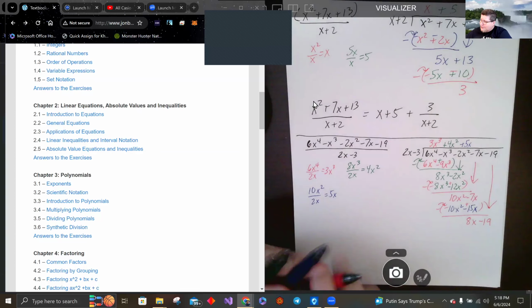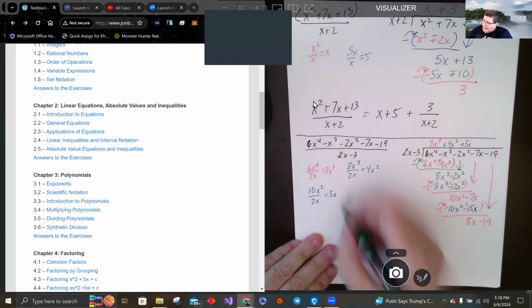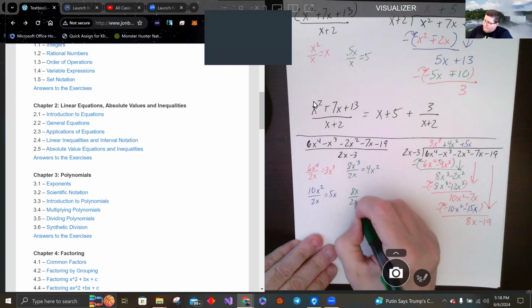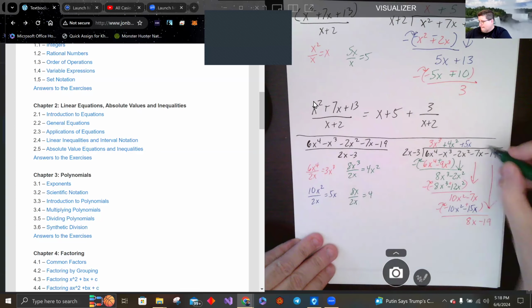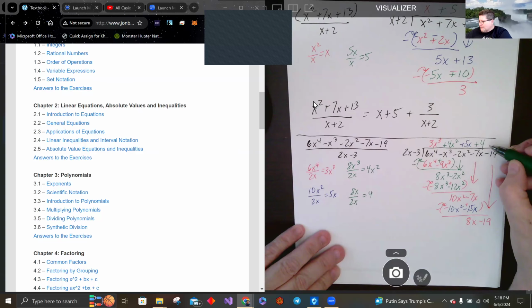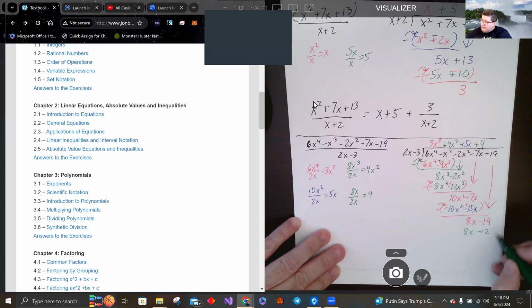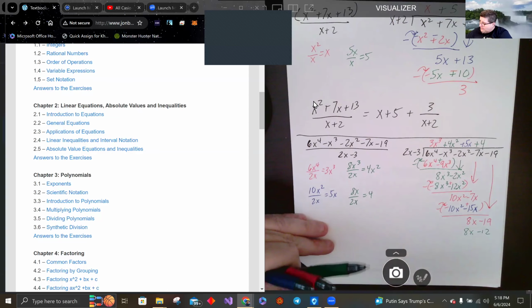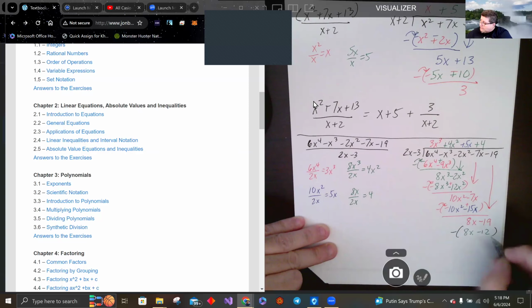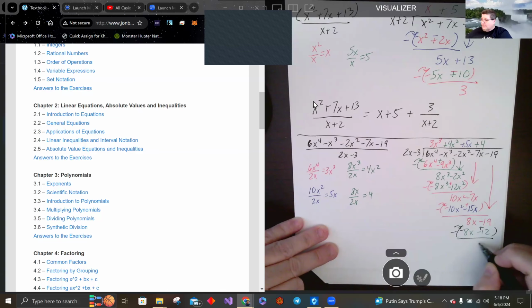And finally, do one last set. 8x over 2x is 4. 4 times 2x minus 3 is 8x minus 12. And when we subtract here, we're left with negative 7.